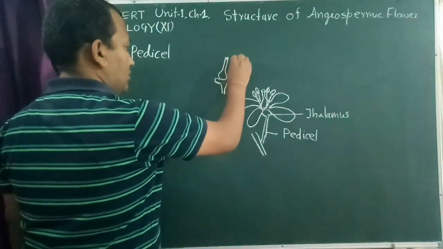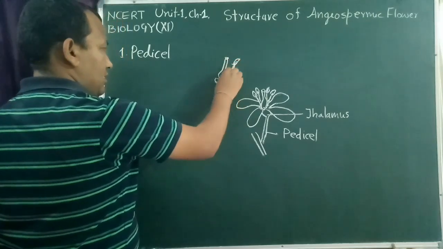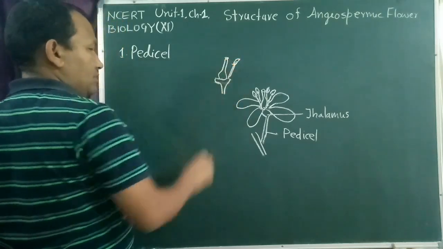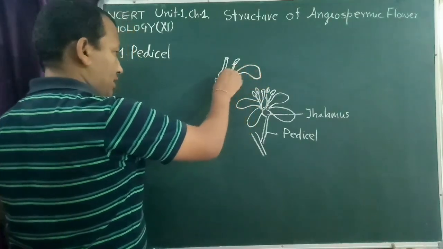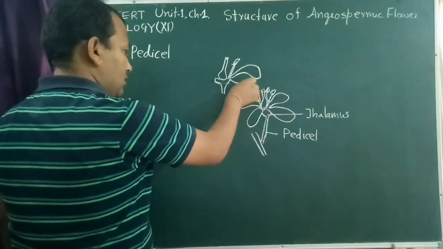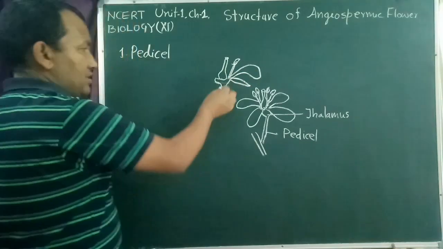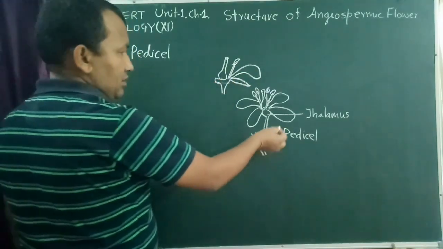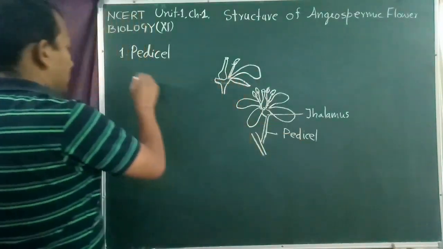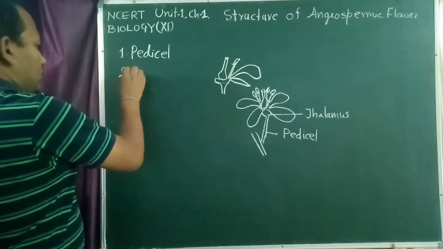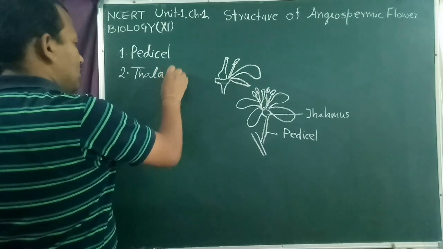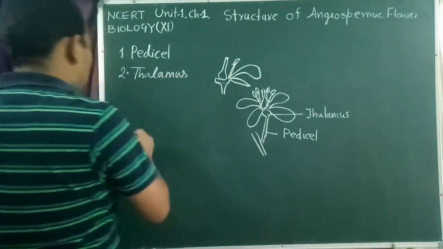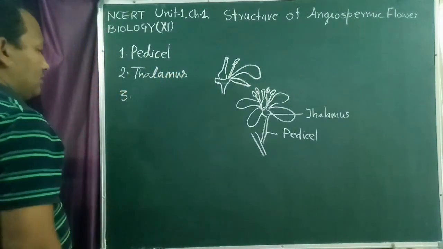So you can see here a stamen, a carpel, a petal, a sepal. These parts are attached to this part. That is why this is known as thalamus. So the second part is thalamus.